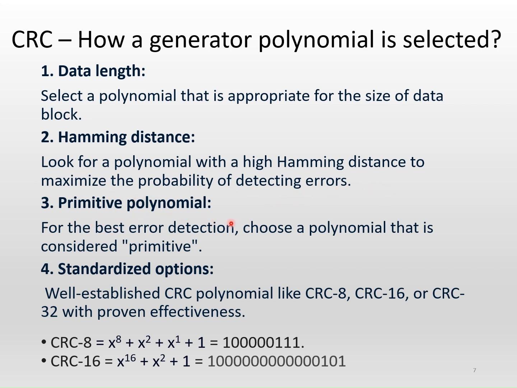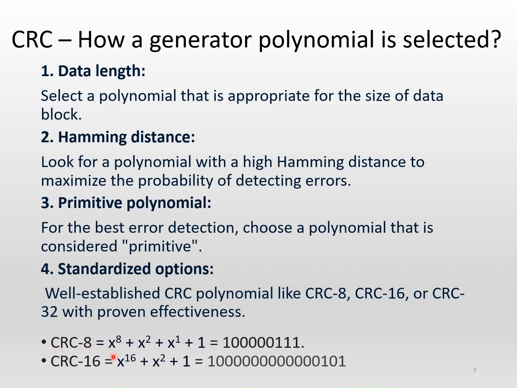Or choose a primitive polynomial for the best error detection. Choose a polynomial that is considered primitive. And then standardized options are also there. Some well-established CRC polynomials are there, like CRC 8, CRC 16, CRC 32, etc. And they have already proven to be effective.